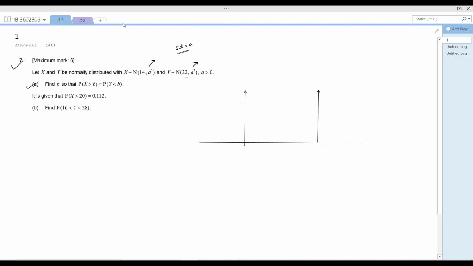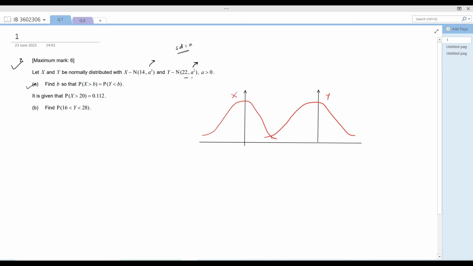Okay, so let me change my pen color. So this is the graph for x, and this is the graph for y. Some minor distribution changes will be there because it is my hand drawing. So as you can guess, this will be x and this will be y graph. This is the intersected region.